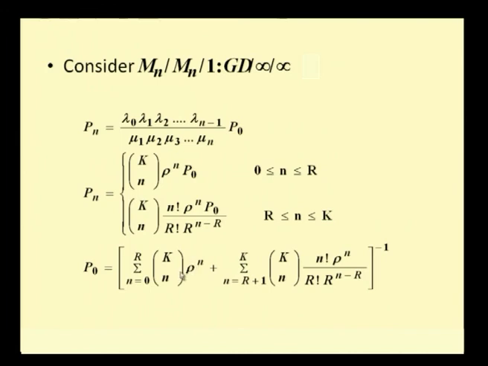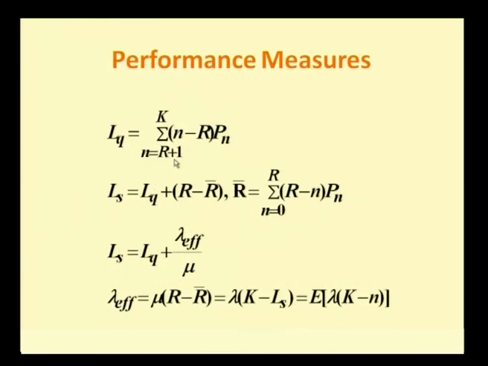So, now let us look into the performance measures. LQ is defined as sigma n equal to R plus 1 to capital K n minus R into P n, because the number of machines in the queue is the quantity that is being dealt with on an average, and LS is defined as LQ plus R minus R bar, where R bar is sigma n equal to 0 to capital R of R minus n into P n.